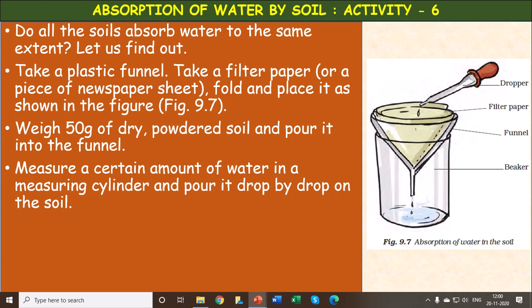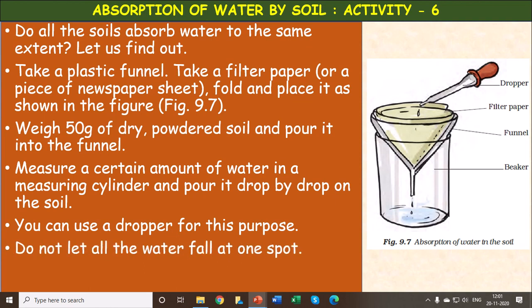You know, liquids can be measured in containers with markings. The volume of liquids can be measured by using measuring jars. So with the measuring cylinder, you can measure some amount of water and pour it drop by drop using a dropper, as shown here. After measuring the water, with the help of the dropper, drop by drop, you have to pour it into the funnel.